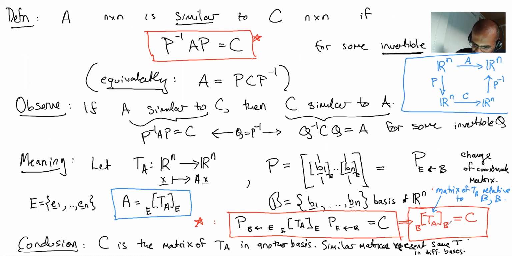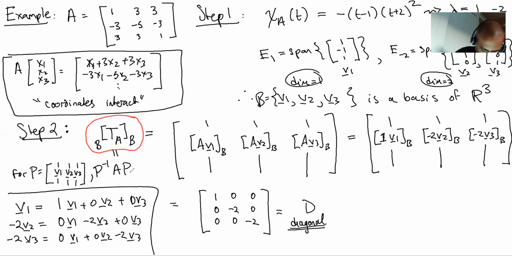Right? T_A in the B basis is the same as a product with change of coordinates matrices, which is P inverse AP. So if I literally write this in terms of change of coordinates matrices, then that would be P inverse AP for P being the matrix with these eigenvectors as its columns.